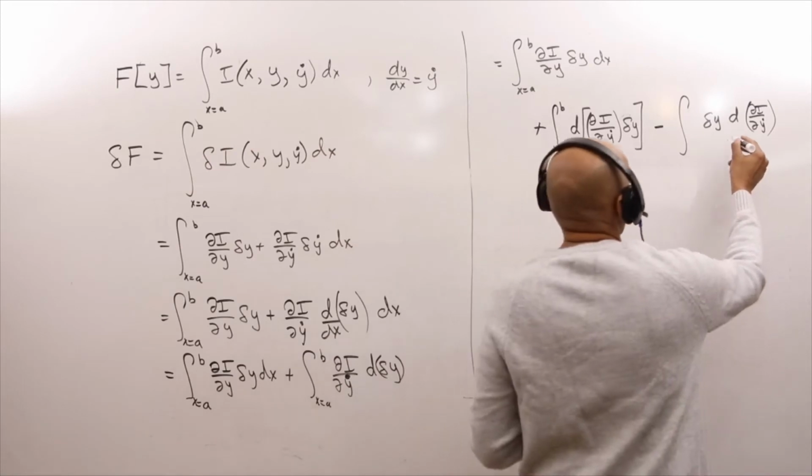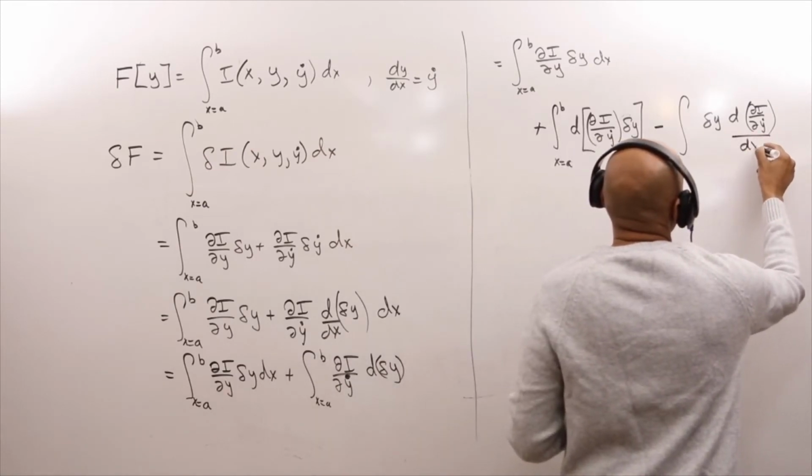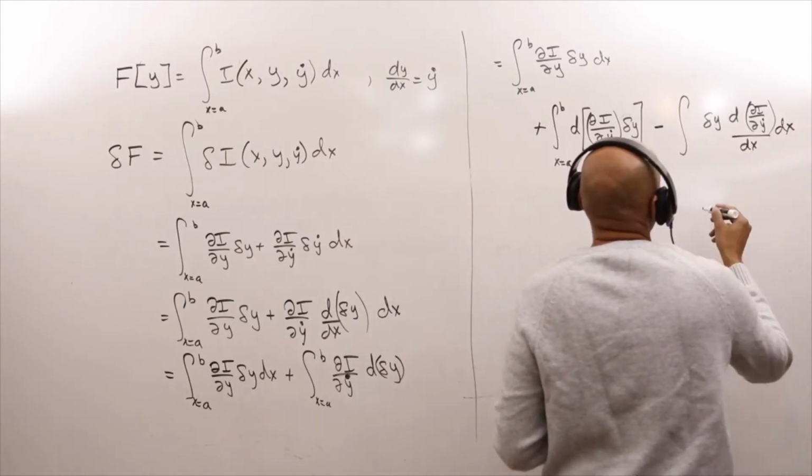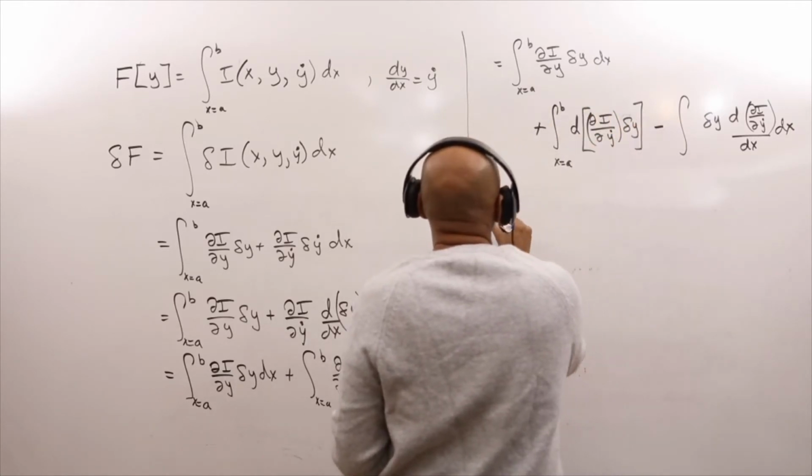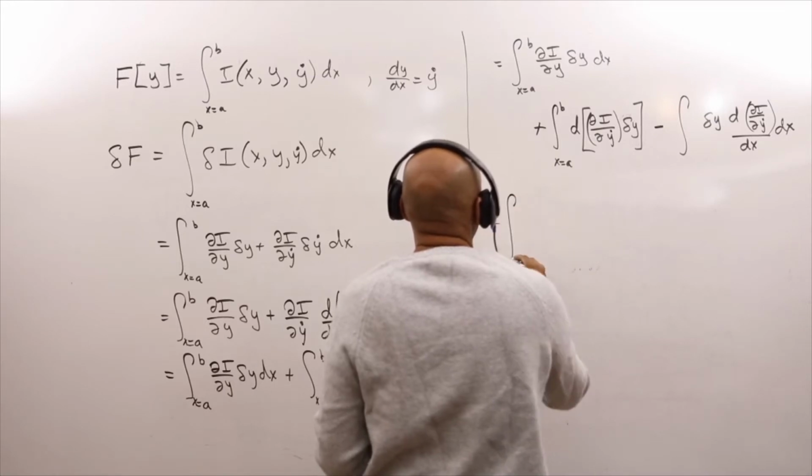Okay, good. And then I can divide by dx and multiply by dx by a chain rule, and we're left with this. And we can move these two integrals together, and we'll get this.